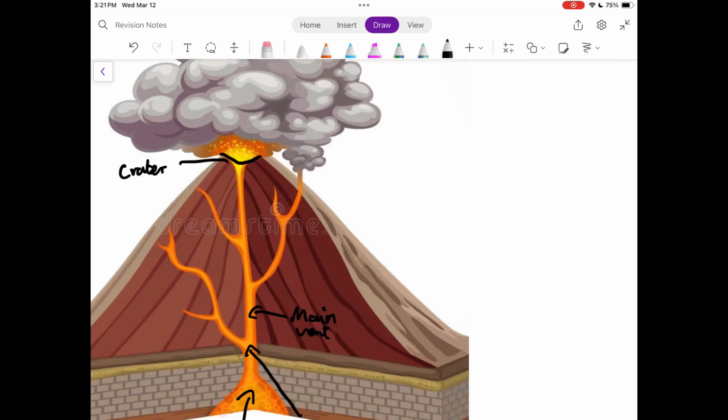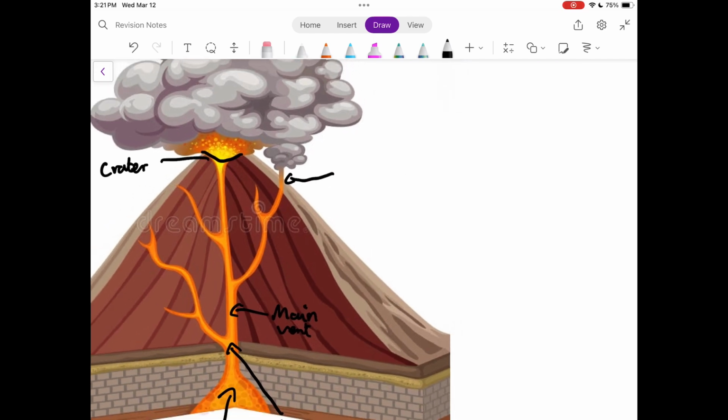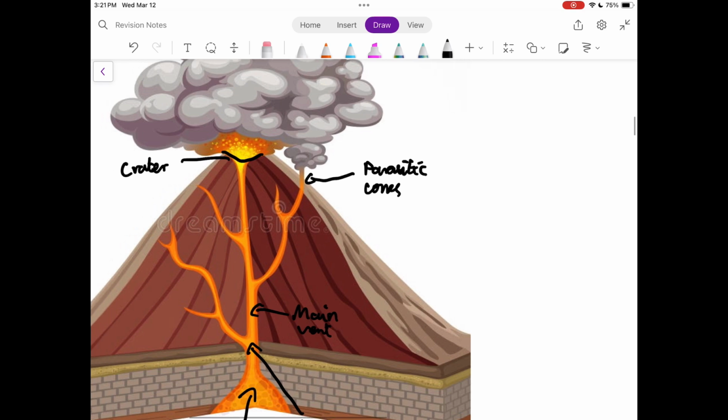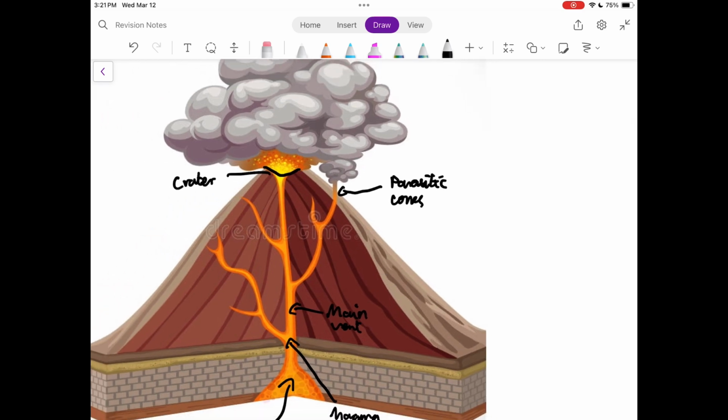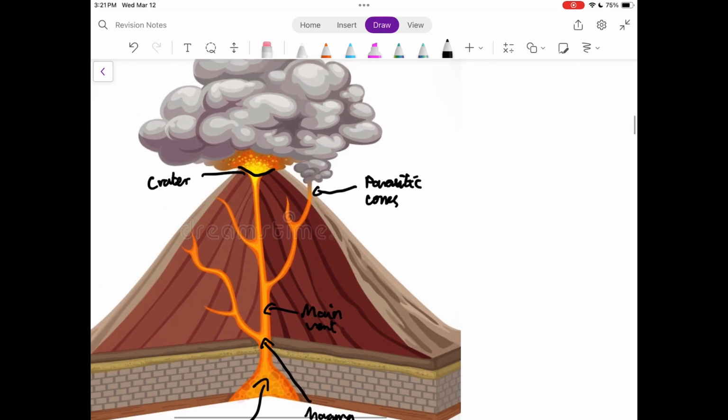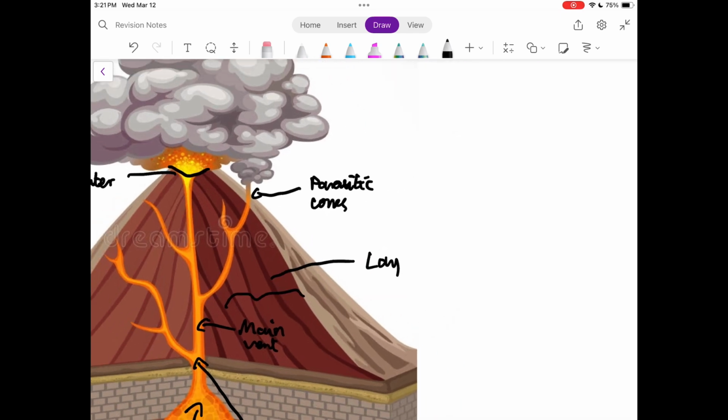You also need to know these little holes that come out from the side of the volcano, and these are called parasitic cones, and they're separate from the main crater. And finally, you need to know that these layers here are all ash. So the line separating them, so layers of ash.